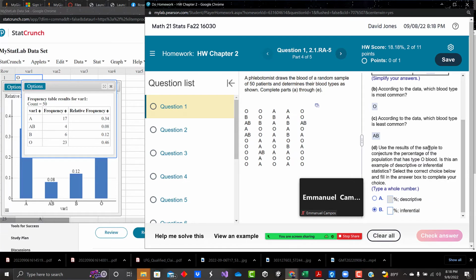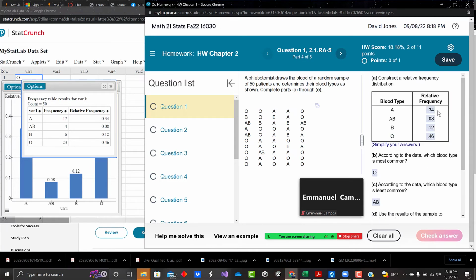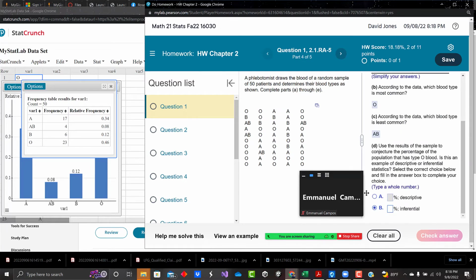So taking a sample and applying it to the population is inferential. Descriptive is just doing the statistics we're doing already. These up here are descriptive statistics. Applying it to the population would be inferential.